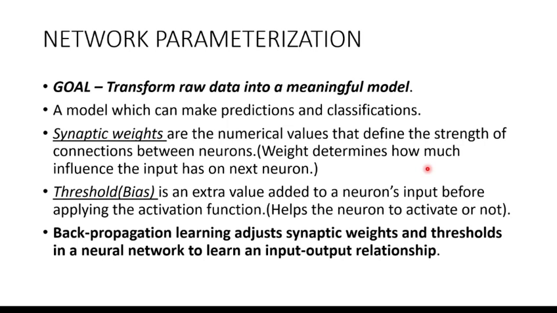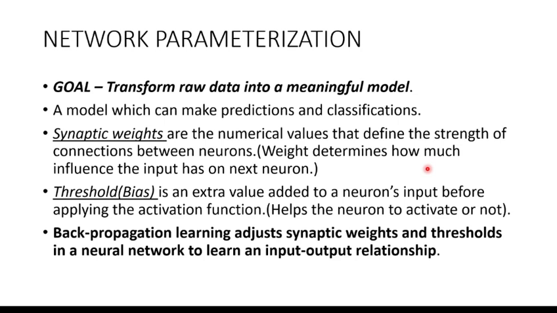And this bias helps the neuron to decide whether to activate or not. In backpropagation learning, the backpropagation learning adjusts the synaptic weights and thresholds, which means biases, in a neural network to learn an input output relationship.